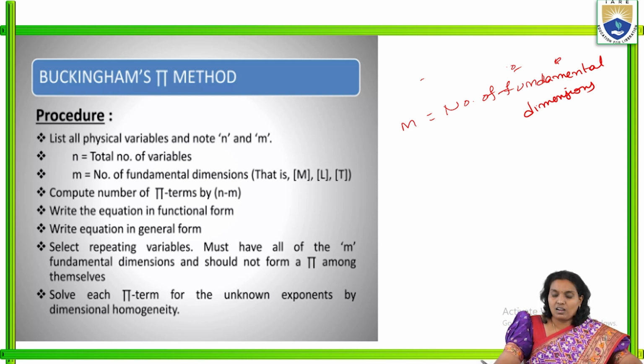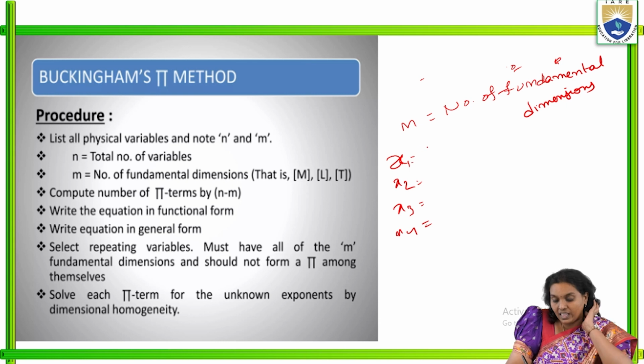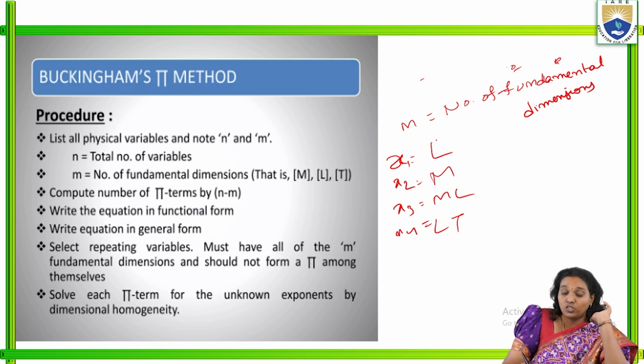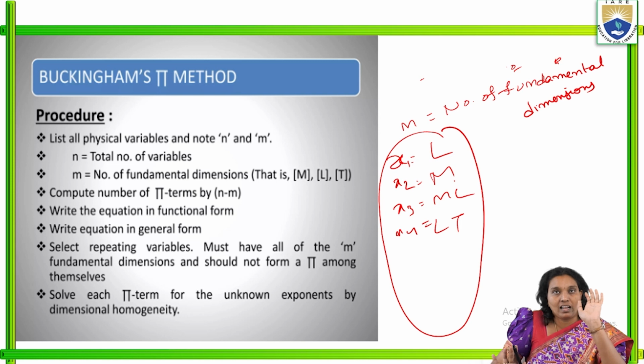In these we have to understand, we may have variables x1, x2, x3, for example x4. In one only L is there, in another only M is there, in another ML is there, LT is there, like that. Based on all the variables, we check whether those three, M, L and T, are contained or not.